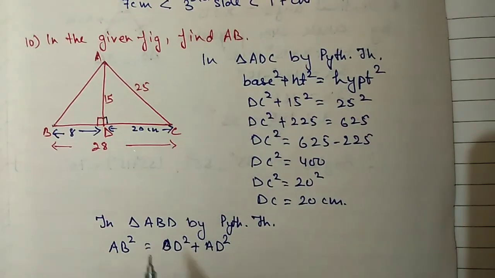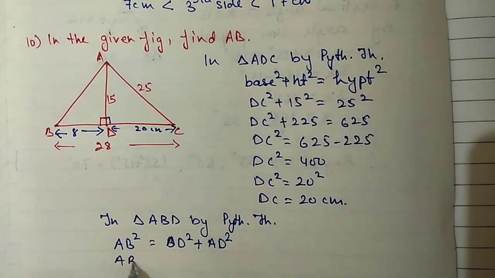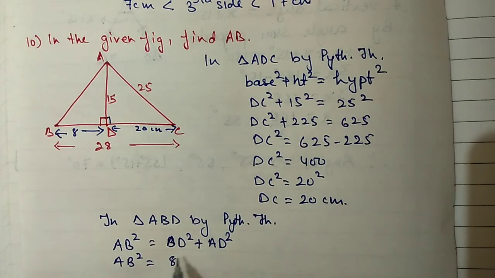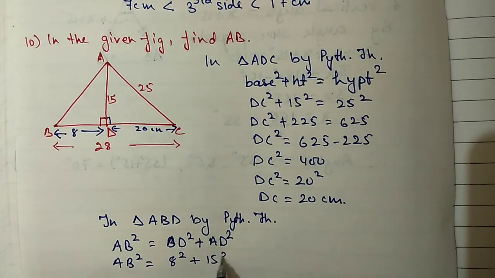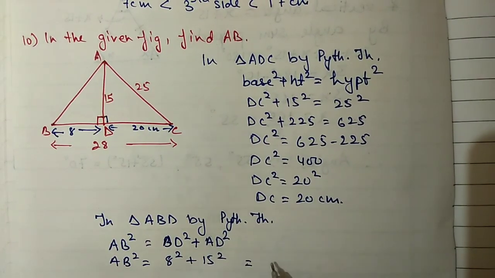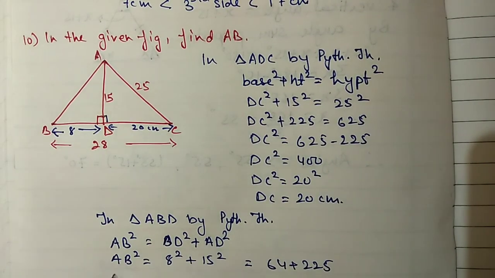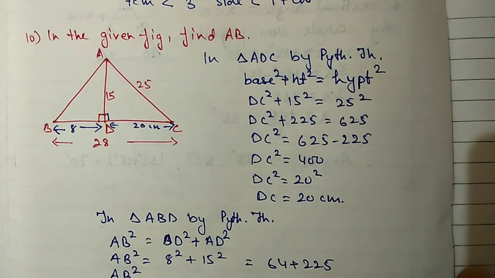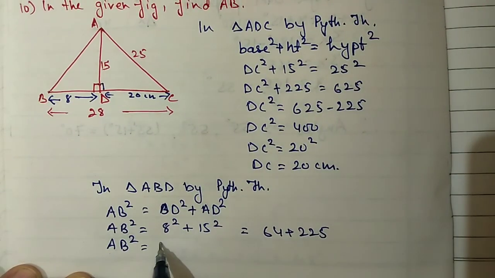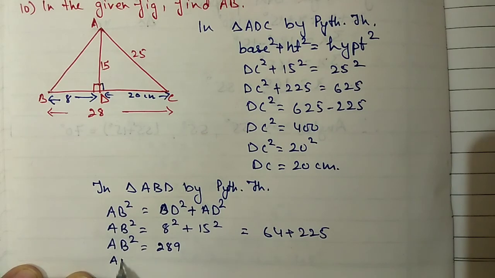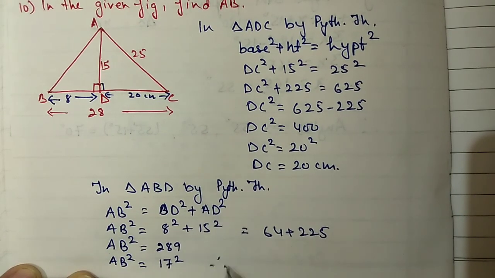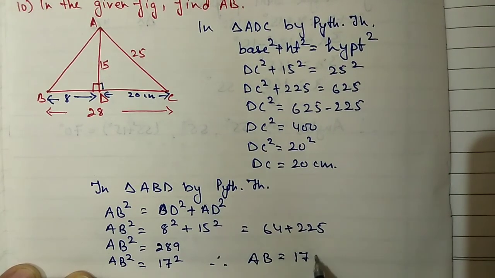So base is given here 8 and height is 15. 8 square is 64 and this is 225. So AB square is equal to 289, which is the square of 17. So this we can write as 17 square. Therefore the value of AB is equal to 17 centimeter.